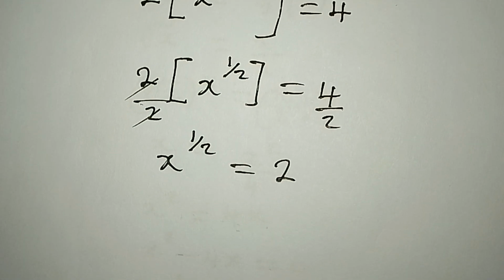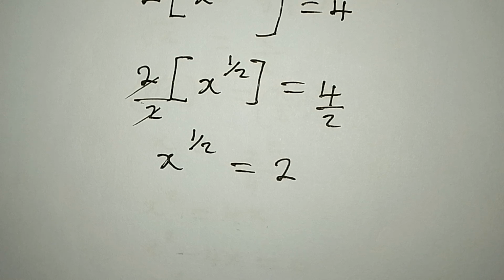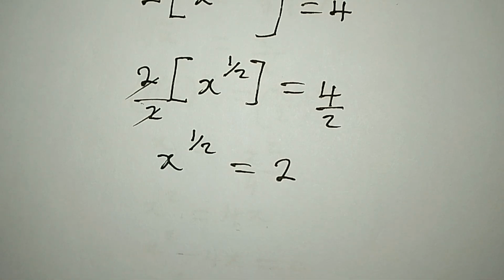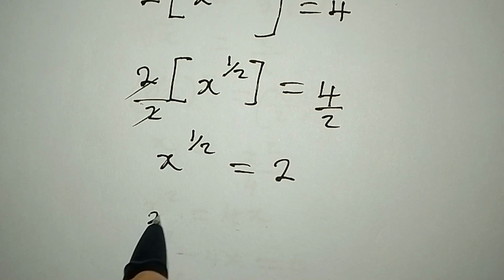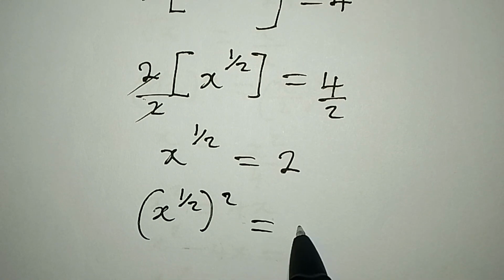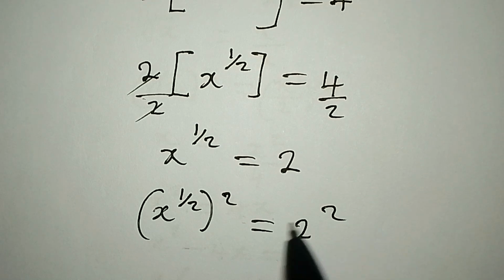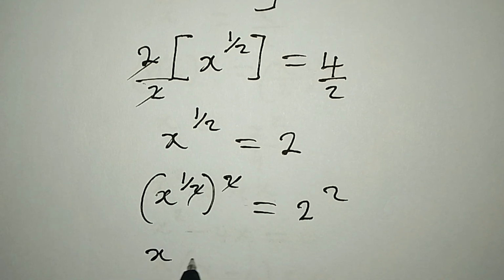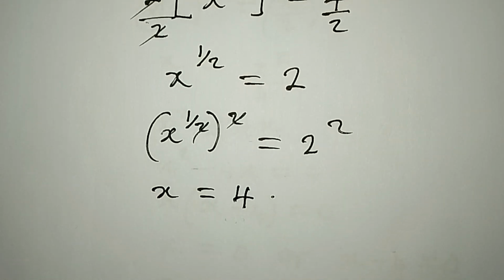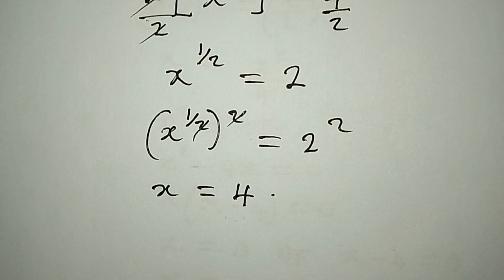Now what again should I do? We are going to square both sides, right? So we have x to the power of 1 over 2 to the power of 2 equal to 2 to the power of 2. Now this will go with this so that x will be equal to 4. So this is the value of x according to the second method.